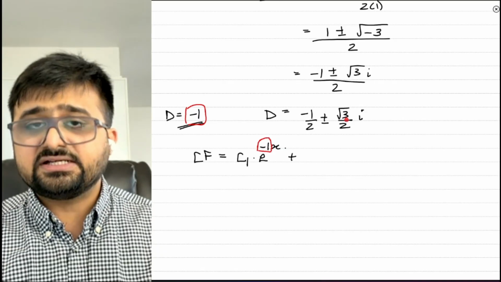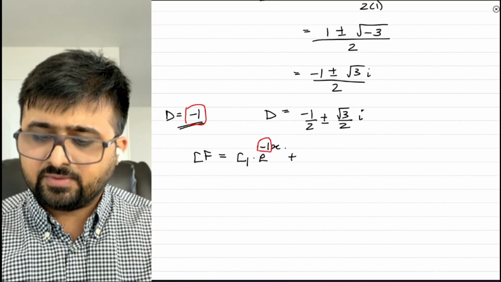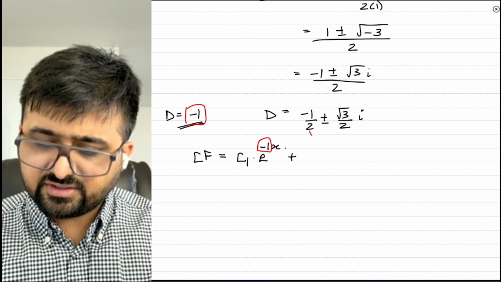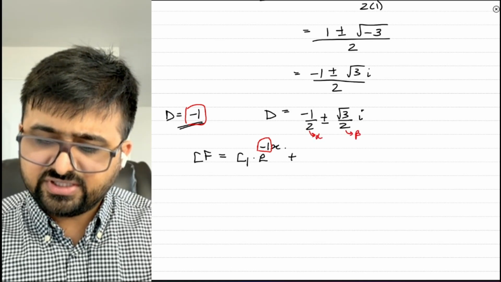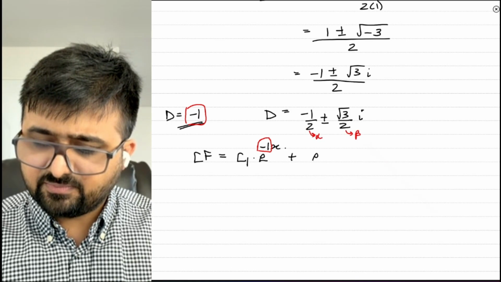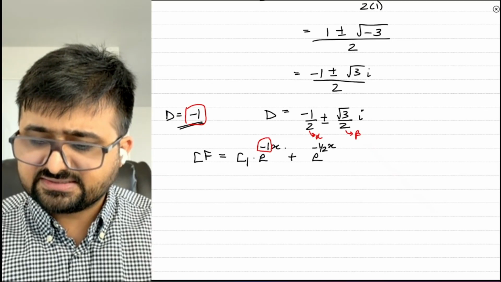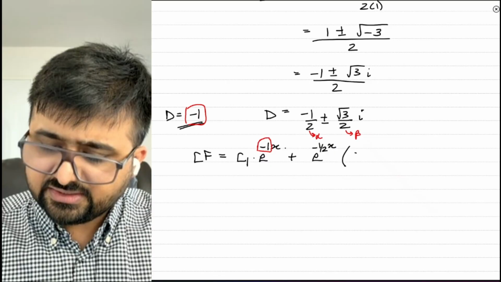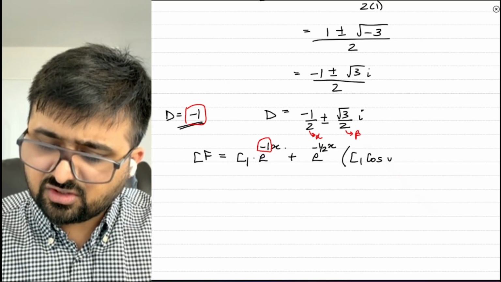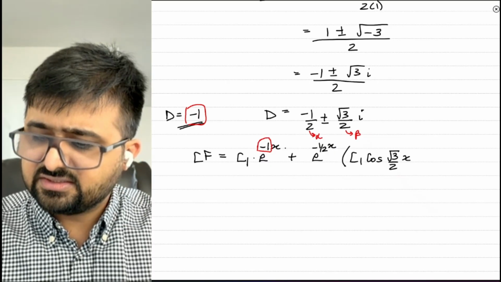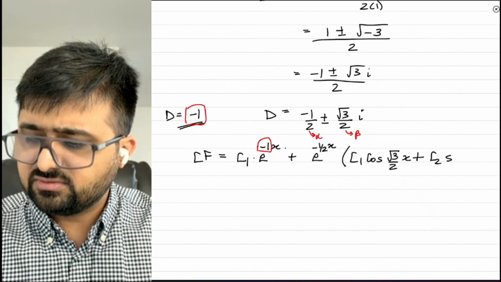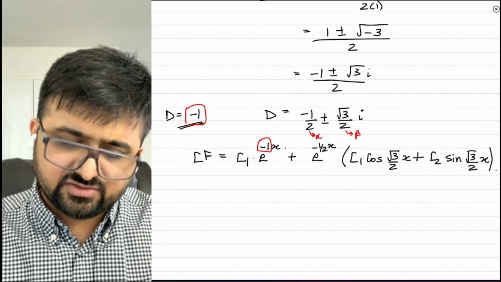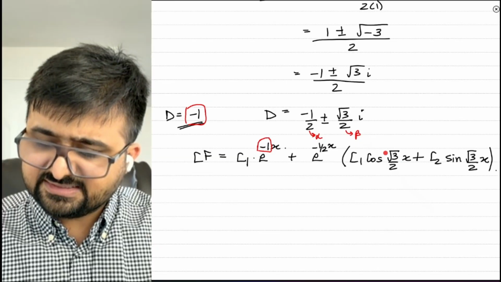And for this complex number, our solution is e to the power alpha x, where alpha is minus half, times (c1 cos root 3 by 2 x plus c2 sine root 3 by 2 x).